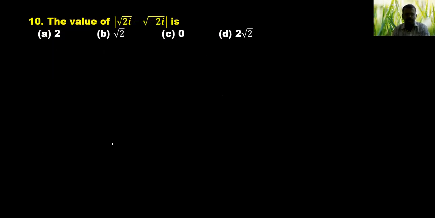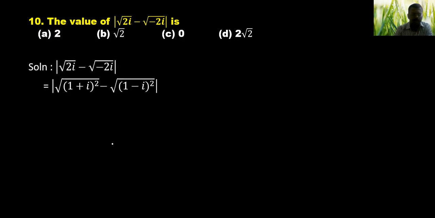Question number 10: the value of mod of (root 2i minus root of minus 2i) is: option A 2, option B root 2, option C 0, and option D 2 root 2. See here, root 2i can be written as root of (1 plus i)^2, and root of minus 2i is root of (1 minus i)^2.